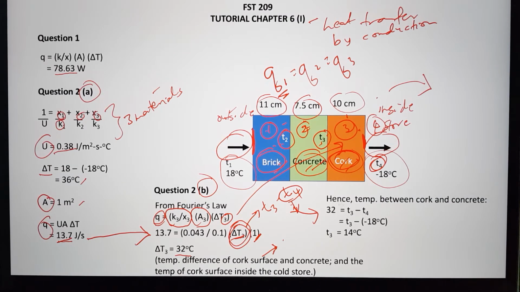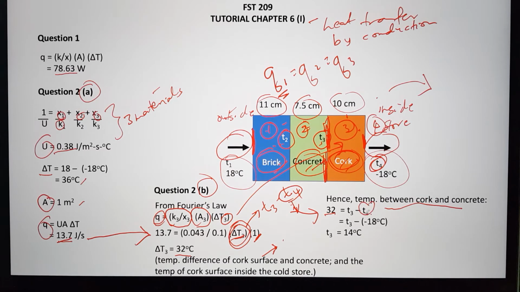So the 32 degrees Celsius delta T that we calculated just now is equivalent to T3 minus T4.